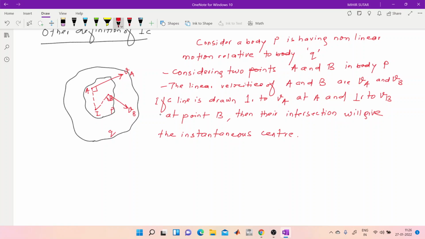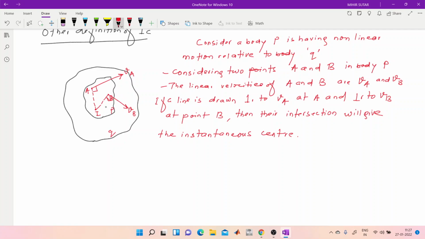Yes, sir. In either way, we are telling that if a body P is having some kind of nonlinear motion relative to body Q, and you are considering two points A and B on that body P, which are having velocities VA and VB respectively, then we drop the axes AI and BI, which are perpendicular to their respective velocities.